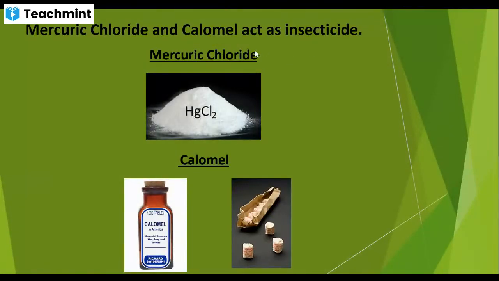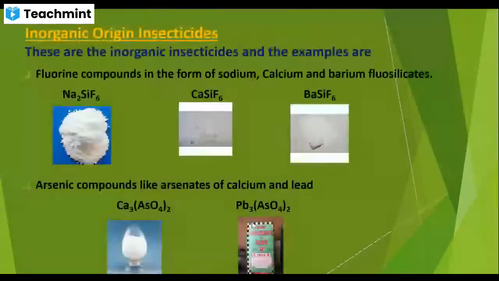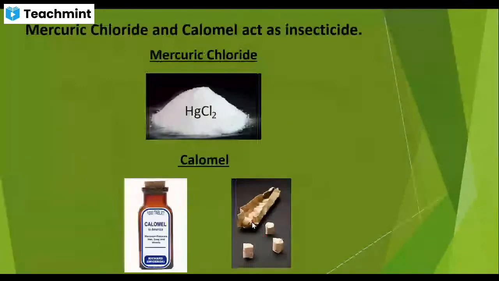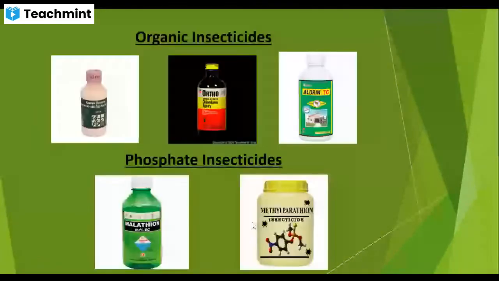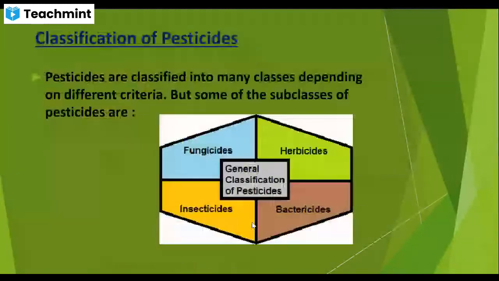Both act as insecticides. They are available in the form of powder as well as in tablet form. So calomel and mercury chloride are all inorganic origin insecticides. Here we have seen insecticide, the first classification of pesticide.